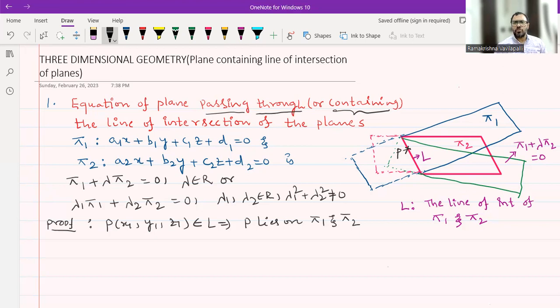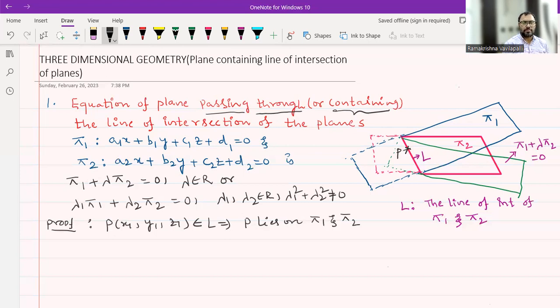When they are parallel, no solution exists. This concept is important in matrices and solving systems of equations. So here you consider some point P, an arbitrary point. P lies on pi1 as well as pi2.